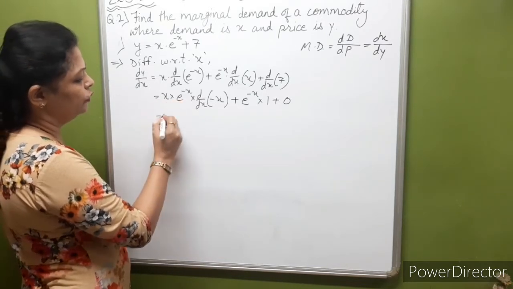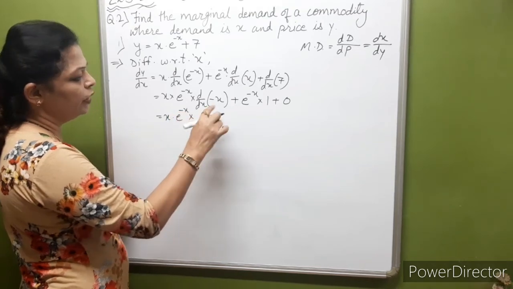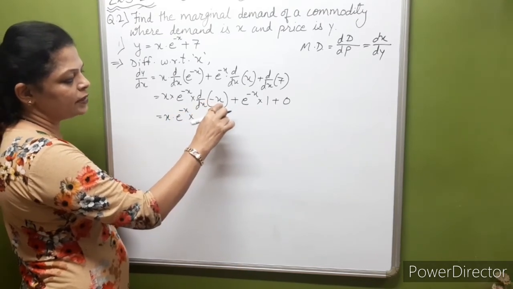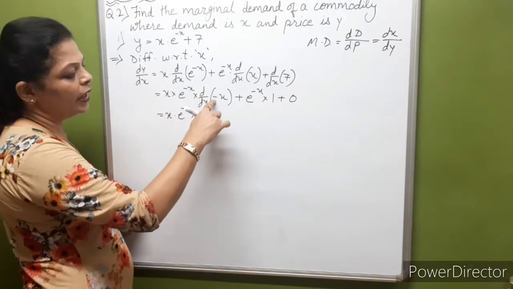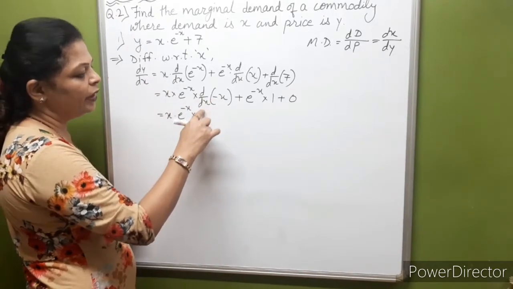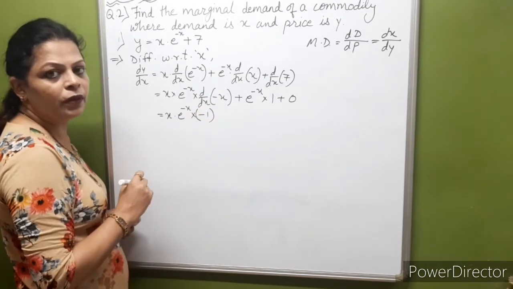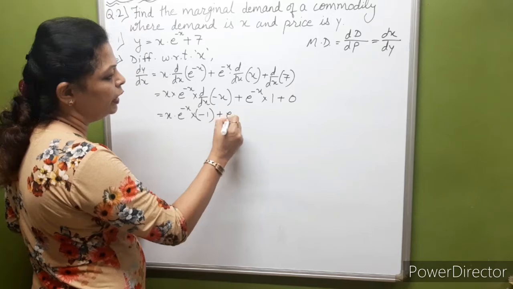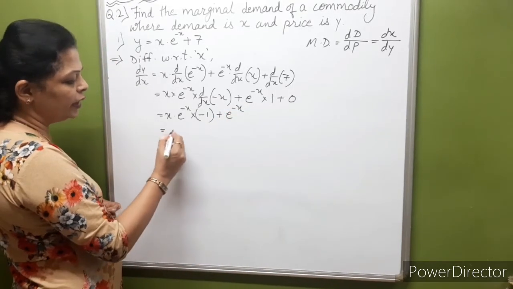x into e raised to minus x into derivative of minus x. You know derivative of kx is k. Now here k is minus 1. So derivative of minus x will be minus 1. Understood? Plus e raised to minus x and plus 0. So what do we get here?